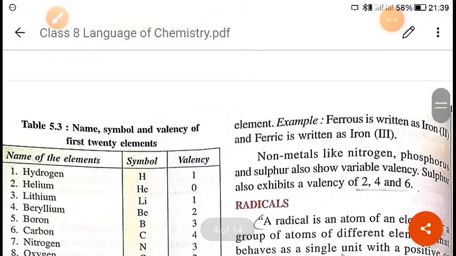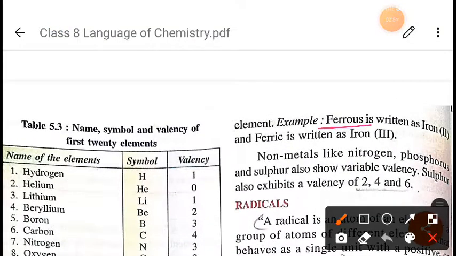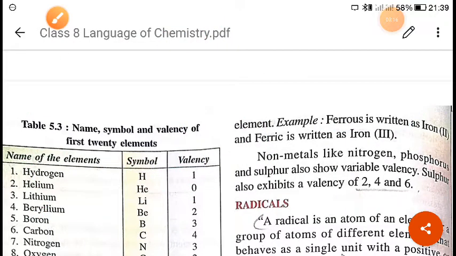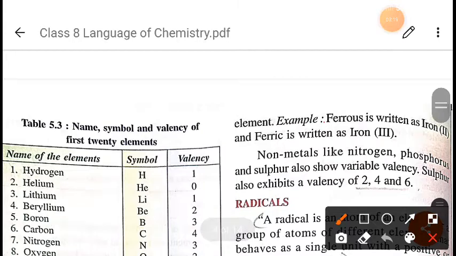A very good example is ferrous. Iron exhibits two valencies, +2 and +3. If it is exhibiting the +2 oxidation state, it is written as ferrous, or iron (II). When it is exhibiting a valency of 3, it is written as ferric, or iron (III).